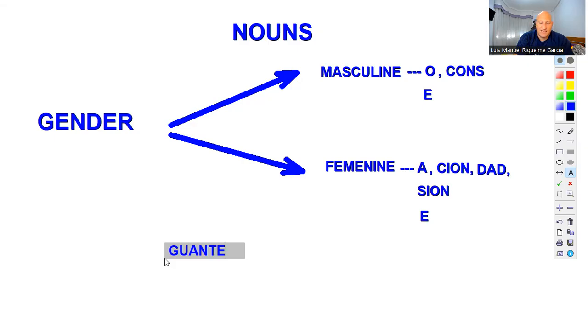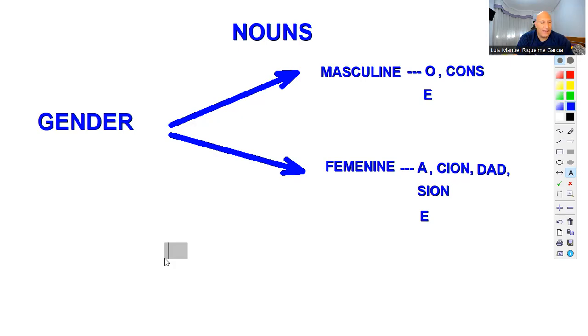Guante, that's a glove. That is masculine. El guante. But some of the words ending with an E will be feminine. So with the final E, you never know. You just need to get to know them and memorize those words one by one.